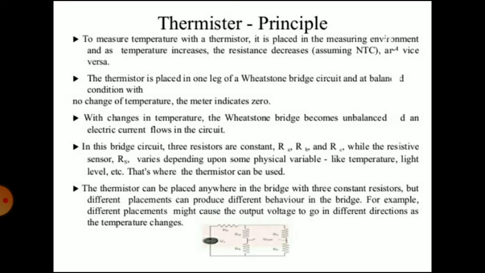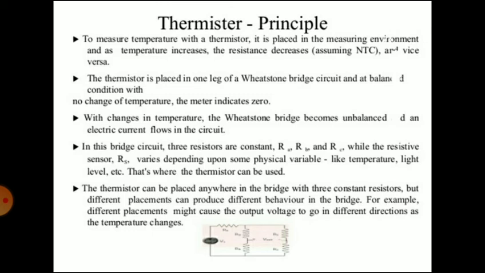In this bridge circuit, three resistors are constant, Ra, Rb and Rc, while the resistive sensor Rs varies depending upon some physical variable like temperature, light level, etc.